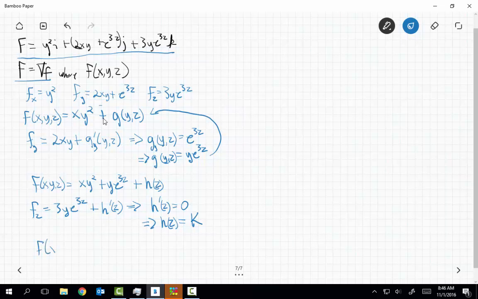Now I know that f of x, y, z is equal to x y squared plus y e to the 3z plus k, which implies what about this vector field? Doesn't that imply that F equals the gradient of little f, which implies F is conservative?